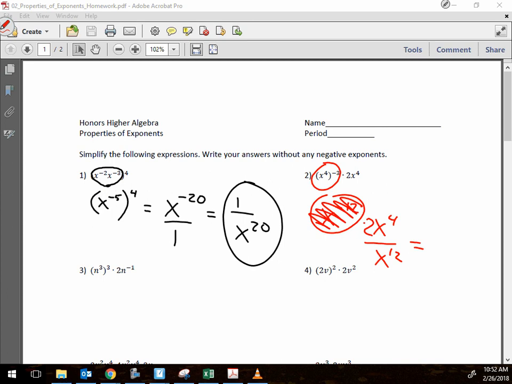And now I can clean it up and cancel some x's off, and I got 2 over the x's, though they'll be left on the bottom, x to the, what do you think? 8. It's a subtract thing. All right. Think of it this way. There were 4 x's on top and 12 of them on the bottom. 4 canceled. We got 8 x's left. There's your final answer. 2 over x to the 8th.